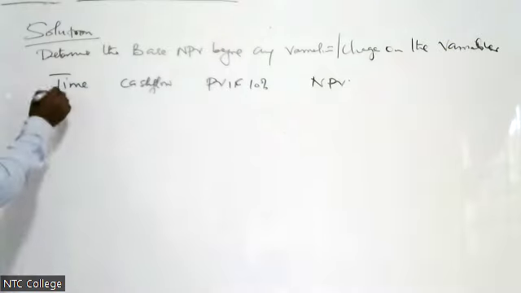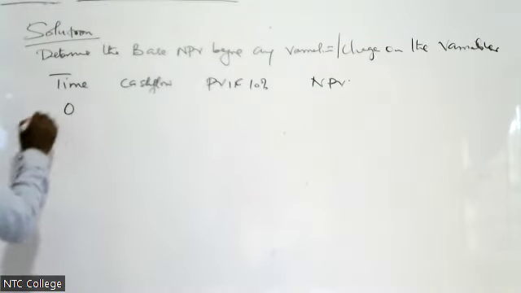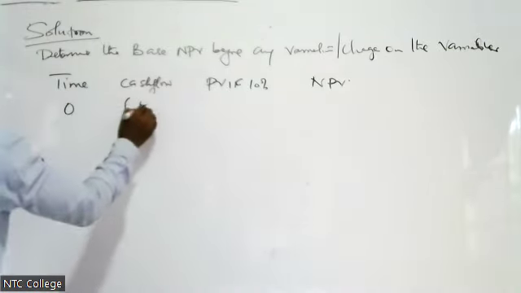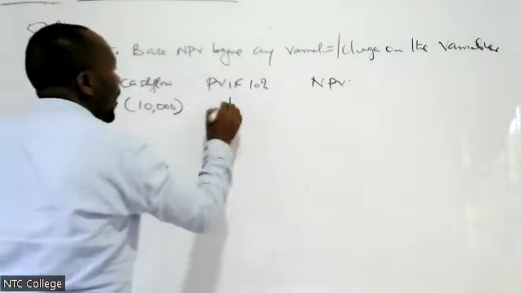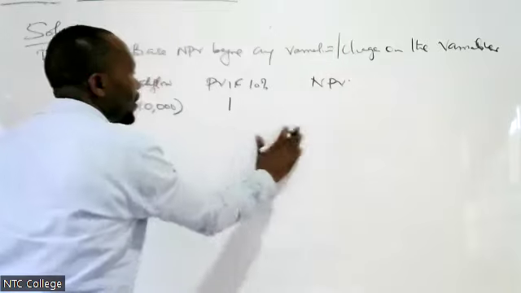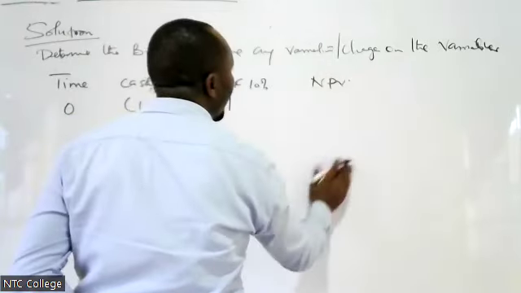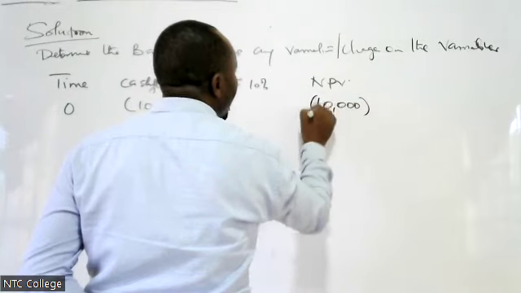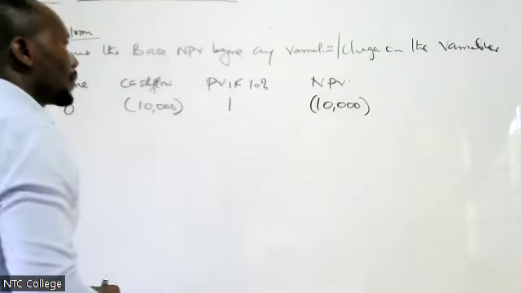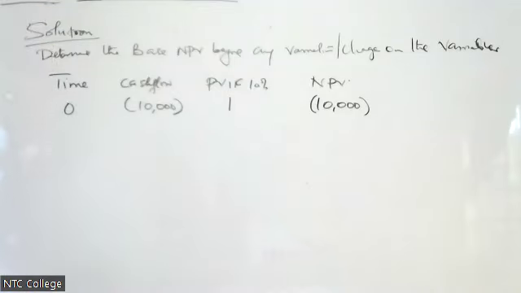In time 0, the cash flow is negative 100. We invested. The PV factor here is 1, so there is no variation in value for money, and therefore our NPV here is this. Then in year 1, our cash flow is what?